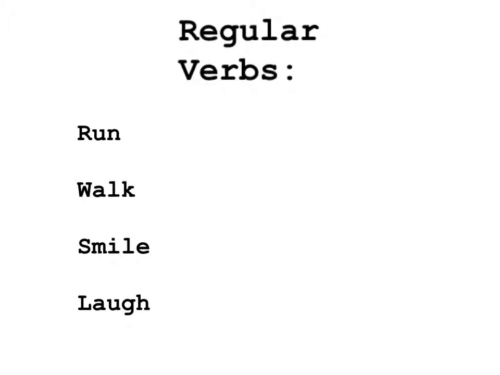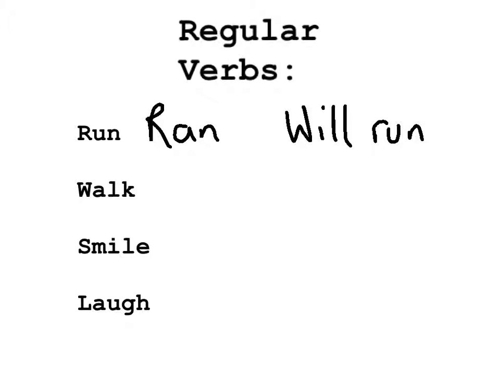Consider these common regular action verbs. The verb run changes when we put it in the context of time. We might say, yesterday I ran. Tomorrow I will run. Yesterday I walked.